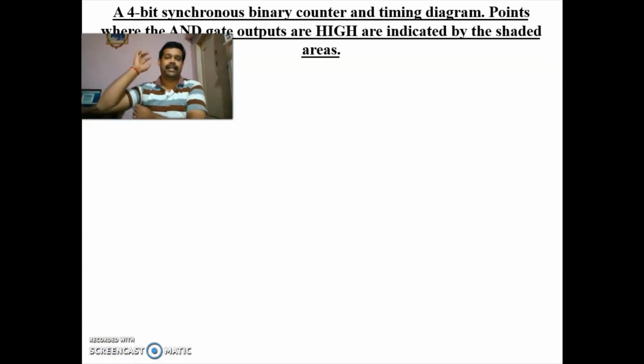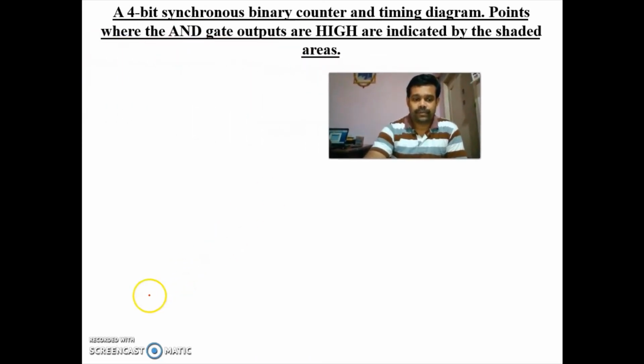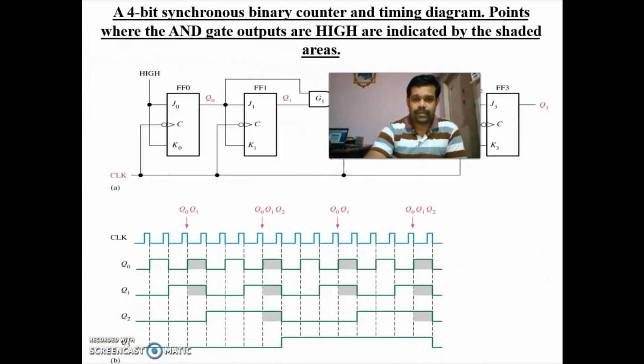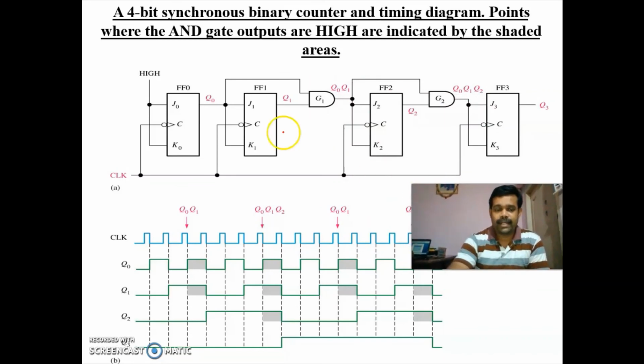The 4-bit synchronous binary counter and timing diagram. So this is a 4-bit synchronous binary counter. Here you are having 4 flip-flops. For the second one, we have given the input from the first one.